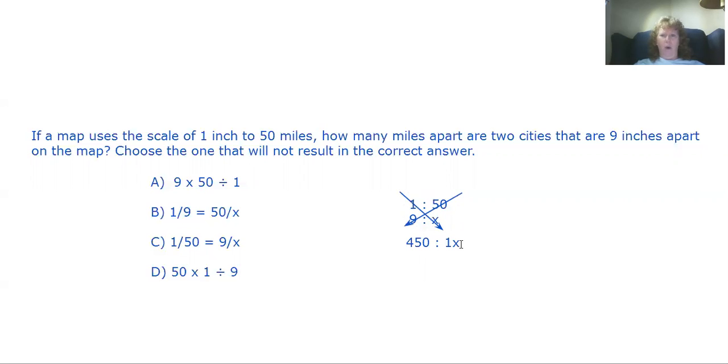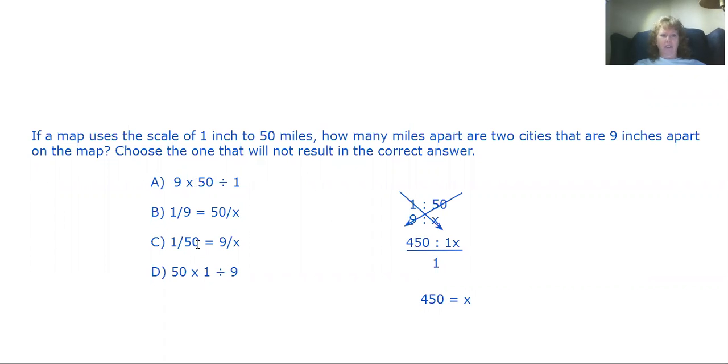You'll just see the x. If I divide both of these numbers by 1, that's not going to change the numbers at all, because 1 goes into 450 times, and 1 goes into 1x 1 time. So it's just going to be 450 equals x.